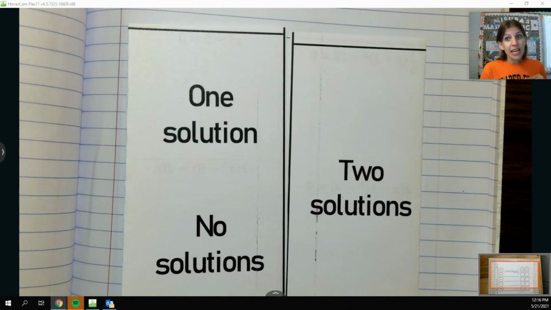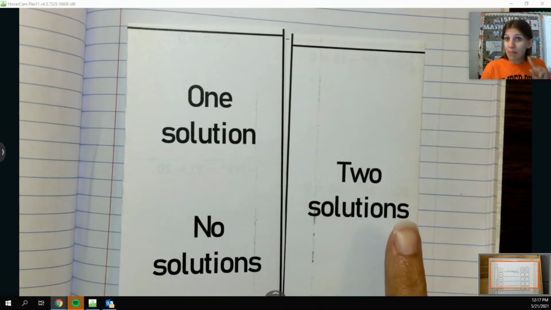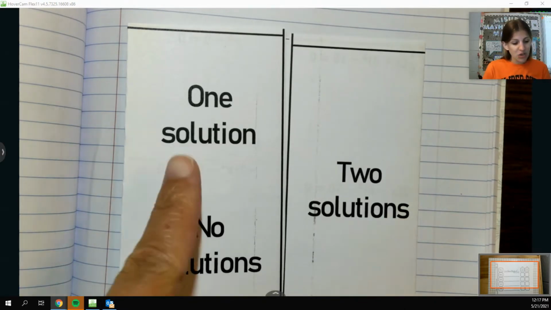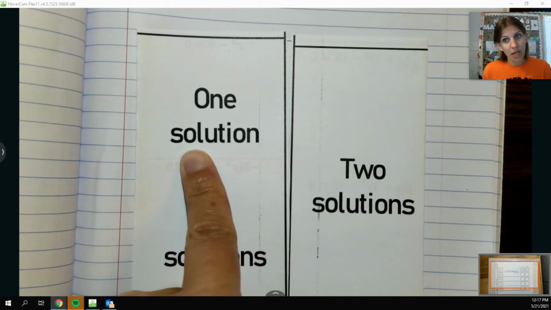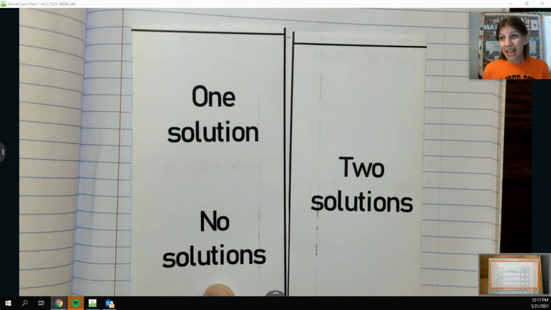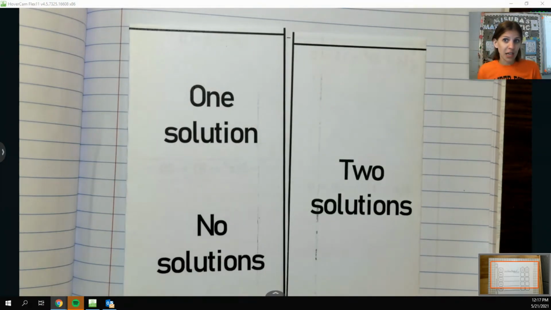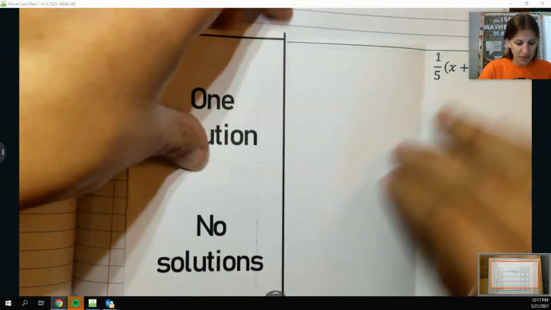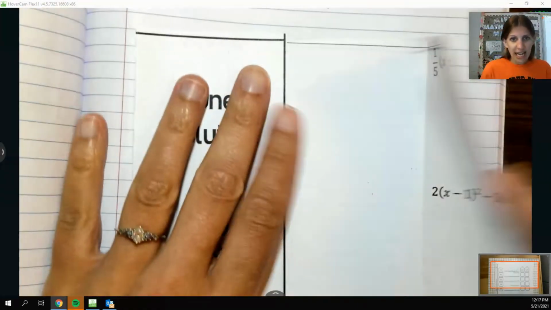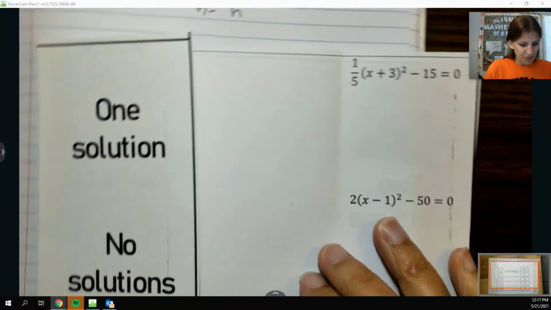Your quadratic could have 2 x-intercepts, so 2 solutions, or it might just touch the x-axis once, so it has 1 solution, or it might not touch it at all, so it has no solutions, which seems kind of funky. How could we solve and not get any solutions? We will see. So let's open this up and try it out. I'm going to start on the side that actually has 2 solutions because that's what we're hoping for.